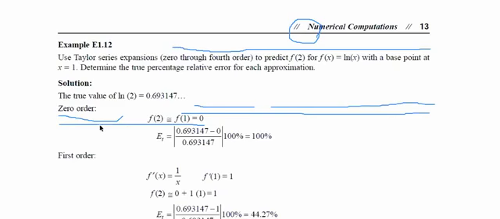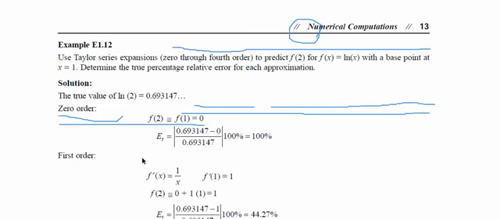Solution: the true value of ln 2 is equal to this one. We know it. 0 order, only one term: f is equal to 0. Then we calculate the true error. This difference is computed, 0 is given here, and this quantity is given to make it a relative error, and then times 100, this is 100%, because here it is 0.